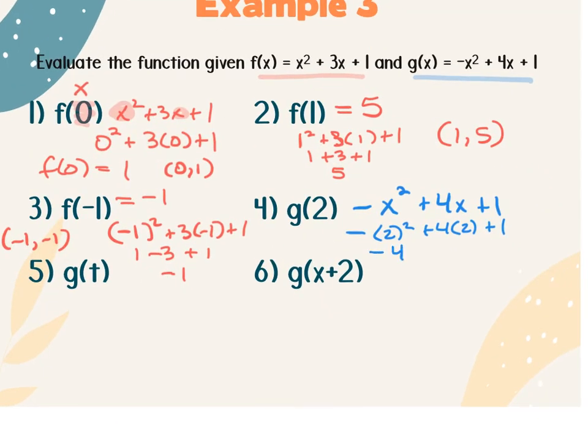I get -4. Because again, this exponent is only going on the 2, and the negative sign falls down. Then +8 plus 1. I'll work left to right. -4 plus 8 is 4, plus 1 is 5. So g of 2 is equal to 5, written as an ordered pair, 2, 5.